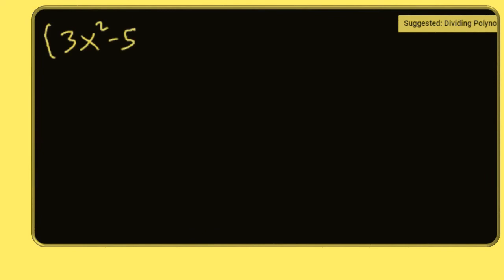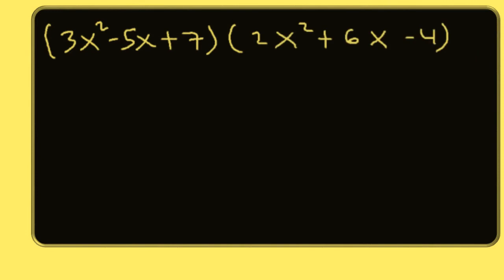Now what is going to happen if we multiply a trinomial by another trinomial? Go ahead and try it. So 3 times 3 is 9 initially. Before we combine like terms, we should have 9 terms.